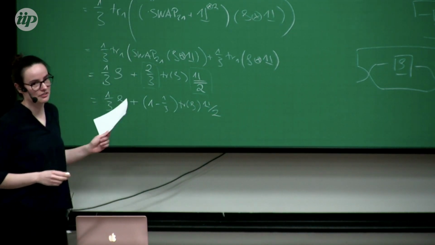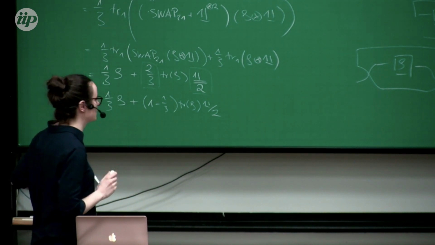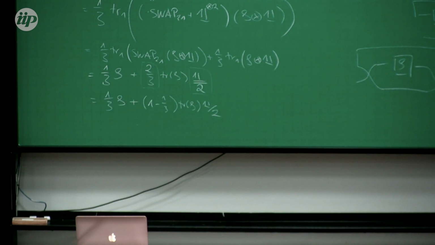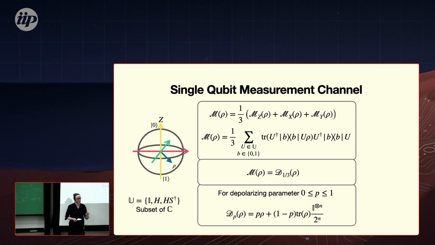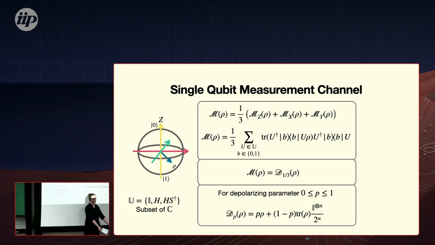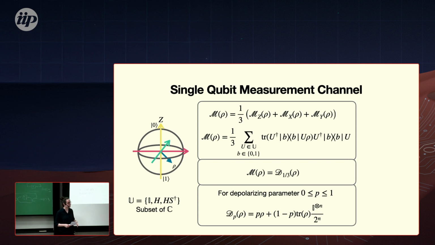And this here is a very well-known channel. This is the so-called depolarizing channel, where with some probability, or depolarizing parameter p, we end up doing nothing, mapping rho to rho, but with probability 1 minus p, we lose all the information of our quantum state and map our state onto the maximally mixed state. This is a very famous channel that I, for example, use a lot in my characterization of hardware, because this captures very well what happens in a real device.